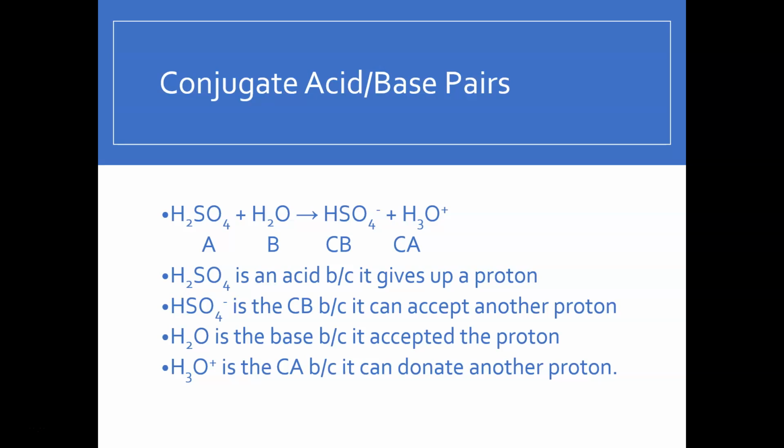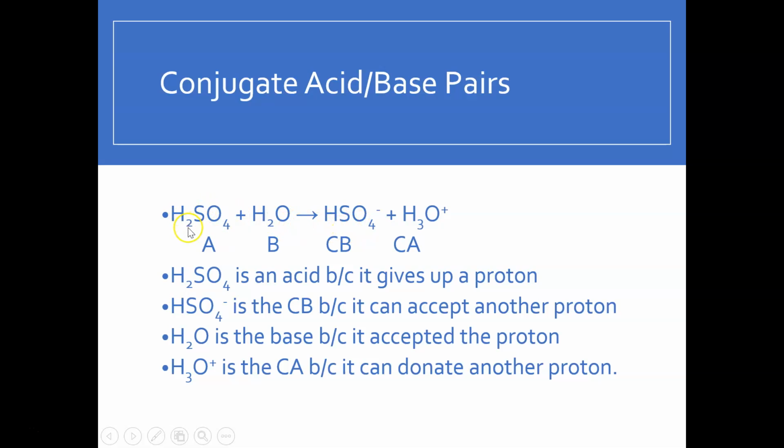So let's keep going with conjugate acid-base pairs. So here's another example where you have H2SO4 plus H2O producing HSO4- plus H3O+. So we know that H2SO4 is an acid. We know that because 1, we know it's sulfuric acid, but 2, we can tell on the other side it gives up a proton.